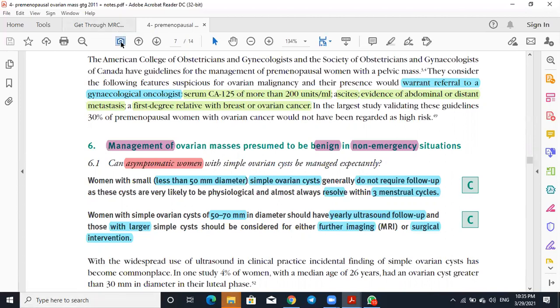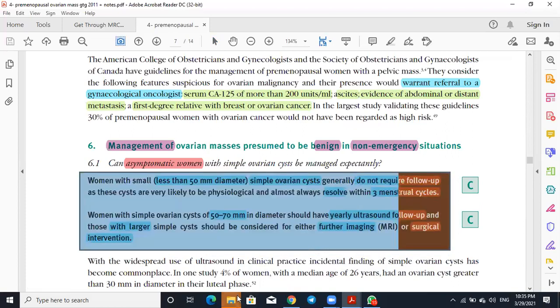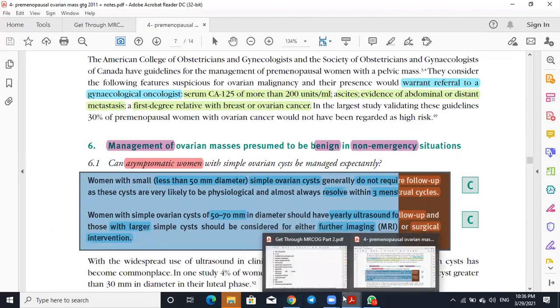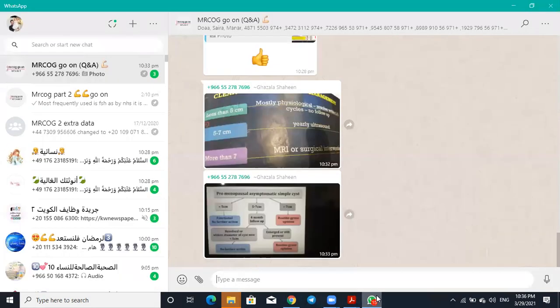Yeah, I sent it in your WhatsApp group. I'm also going to do the same, because at this point I even highlighted it. That's why I was looking for my notes.